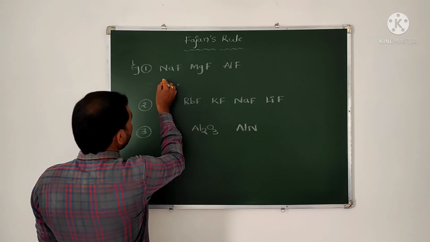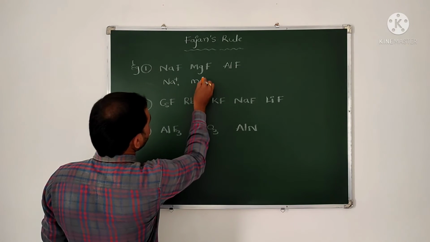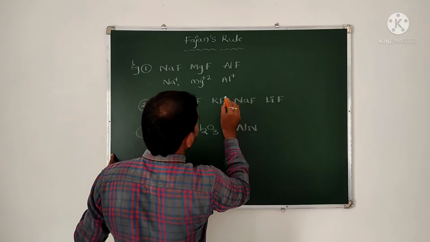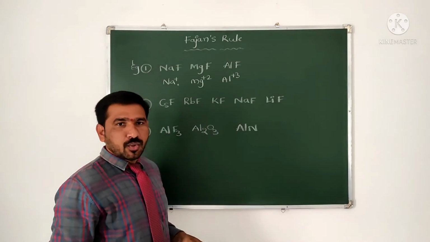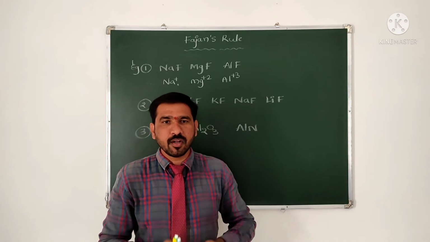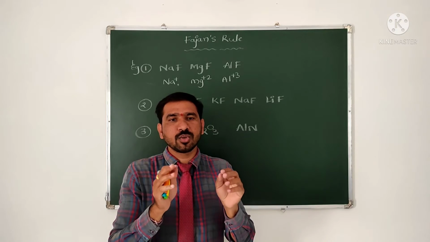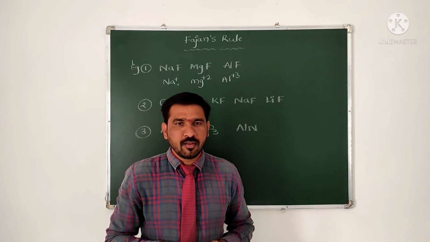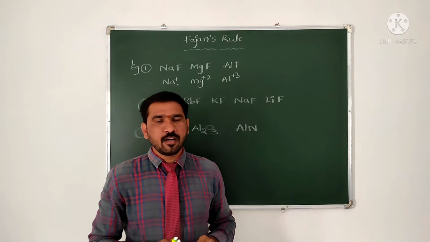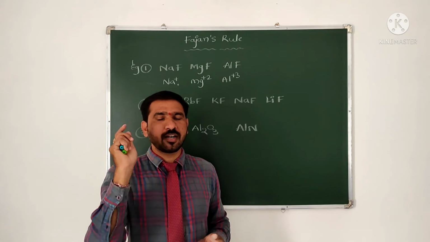In the first the cation is Na plus, in the second the cation is Mg plus 2, in the third the cation is Al plus 3. Na plus, Mg plus 2, Al plus 3 have the same number of electrons, 10. So these cations are also called what, beta? Isoelectronic. In isoelectronic species, charge of cation is inversely proportional to size of cation.